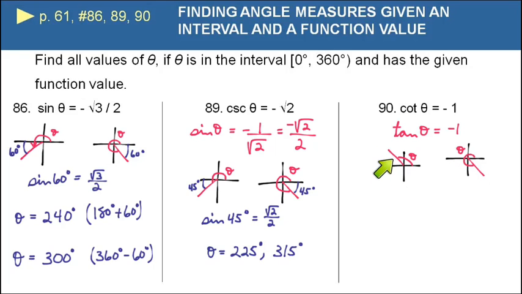So the reference angle here, what angle has a tangent value of 1 that we memorized? It would have to be 45. The reference angle is 45. So the first answer here is 180 minus 45 is 135. And the second one, 360 minus 45, gives us 315.